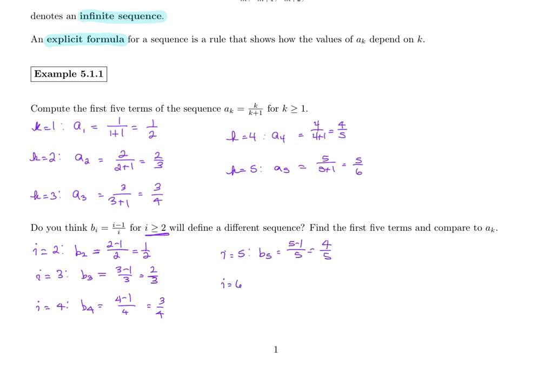And i equals 6 is going to give us b sub 6, which is 6 minus 1 over 6, which is 5 over 6. So we get the same terms with just a different index.